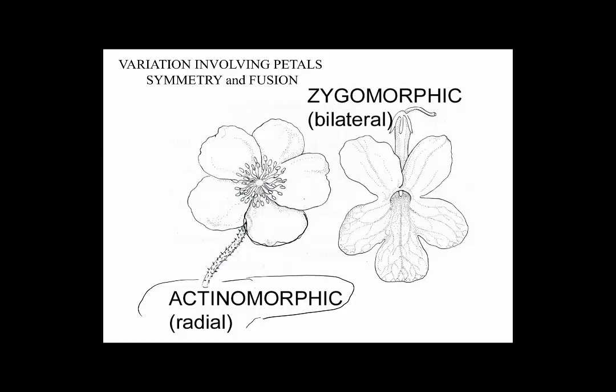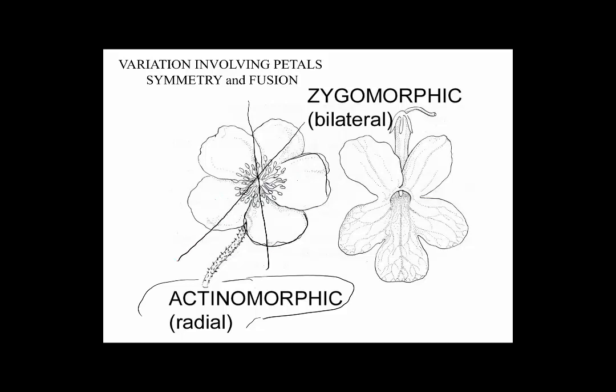And that is what's illustrated here, where the petals are all about the same size and shape. And any line that you draw through the center of the flower will have identical halves, left and right.